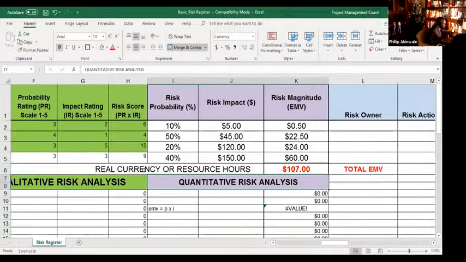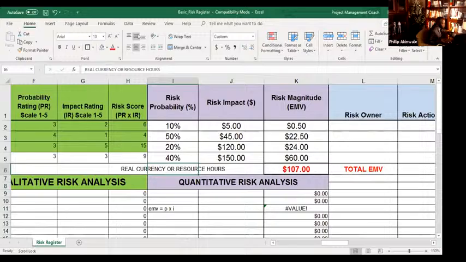When you talk about quantitative, you need to remember that you are not just talking about numbers. Numbers does not necessarily mean quantitative. Numbers means you are analyzing, but when you say dollars and resource hours, you are making it a lot more quantitative. Okay? Do you have any questions?